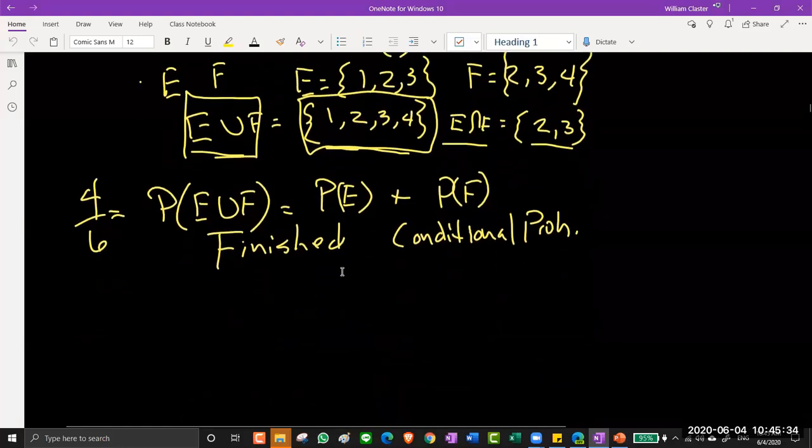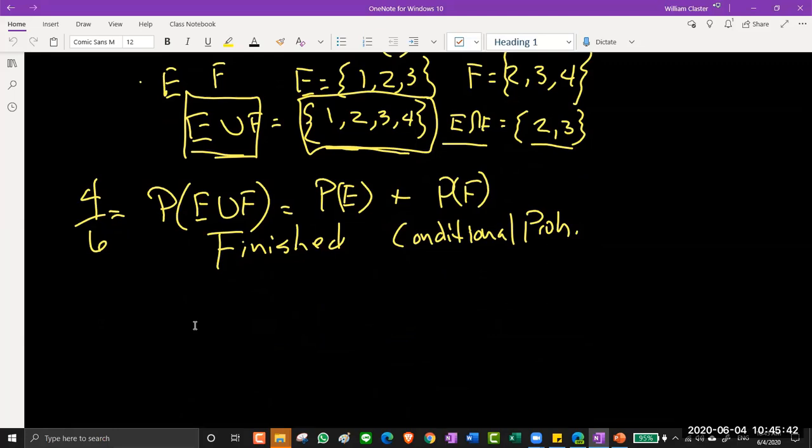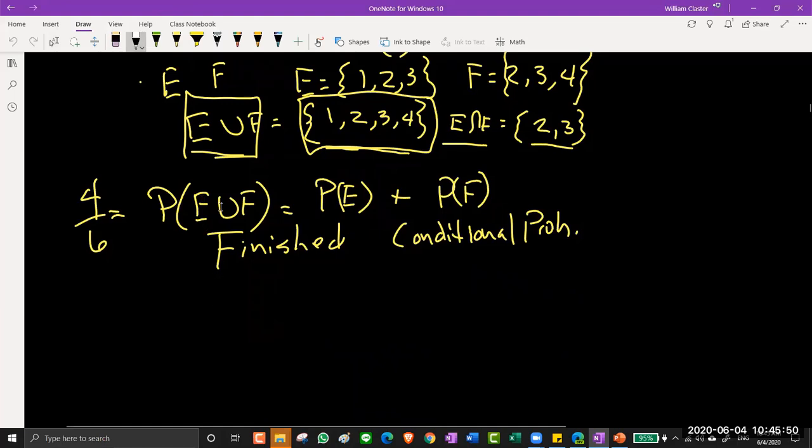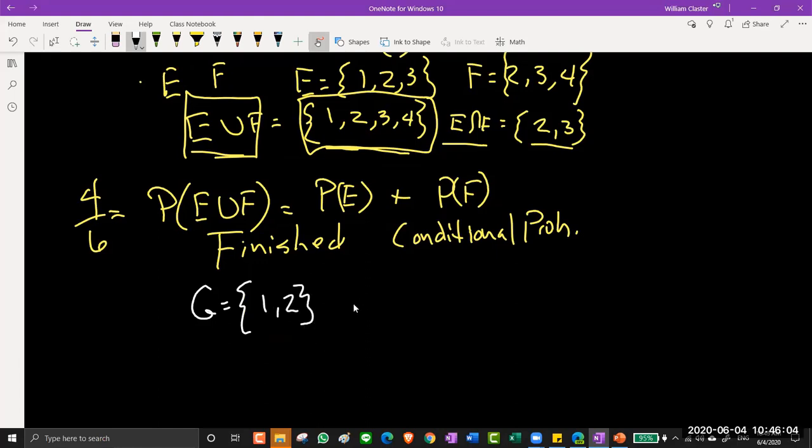Okay, now suppose that we have an event, say G, which is 1, 2. We have an event H, which is the event 5, 6.